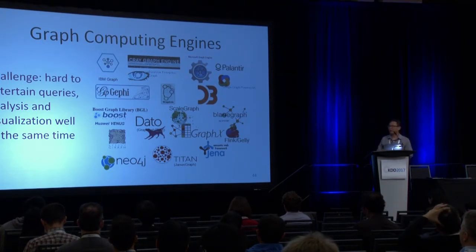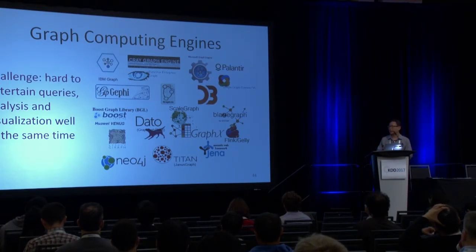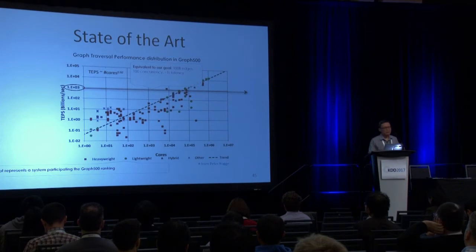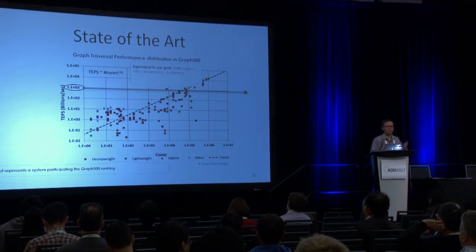And the challenge is, why do we have so many different graph engines? The challenge is that it is hard to handle queries, analysis, and visualization at the same time. So people need different graph engines. Well, this is the performance chart of the Graph 500 competition. Essentially, Graph 500 is a benchmark for graph data processing.